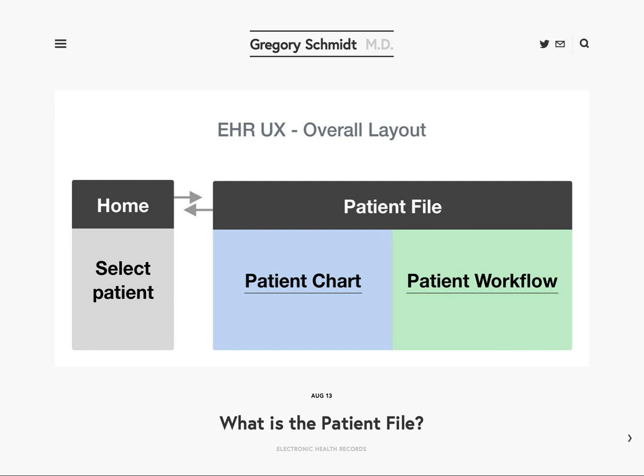Separate from this enduring and broadly similar concept of the patient chart is the patient workflow. And this is the opposite because the patient workflow should be considered something which is highly unique, highly variable, very transient. Really, each organization, each user, each clinic likely has its own workflows.